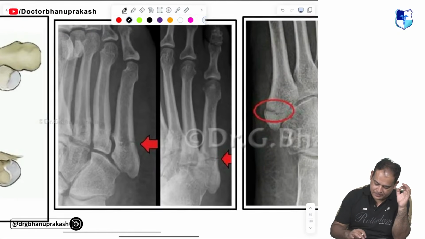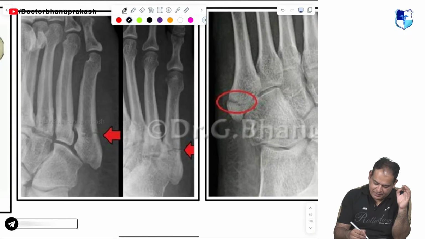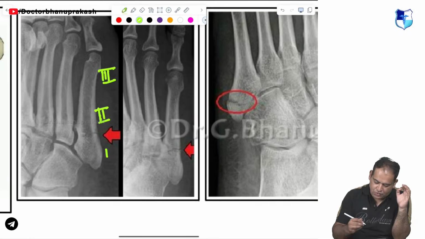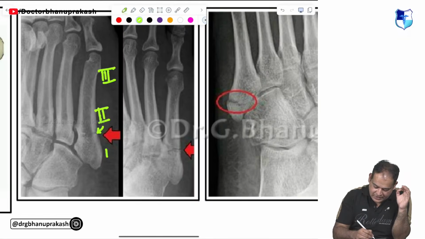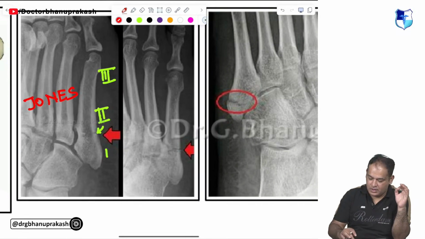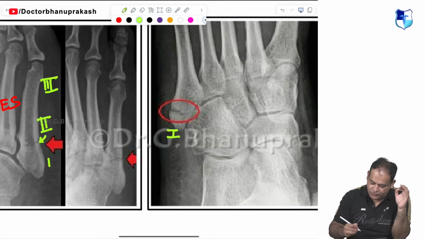See here. Now, so if you can see these images, so this is zone 1, right? This is zone 2 and this one is zone 3. Now here, this fracture is considered in zone 2. So this is a Jones fracture. Now here, this fracture is occurring in zone 1.